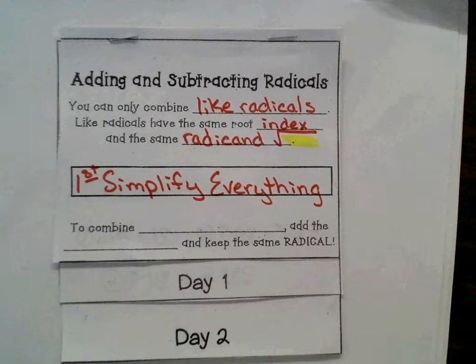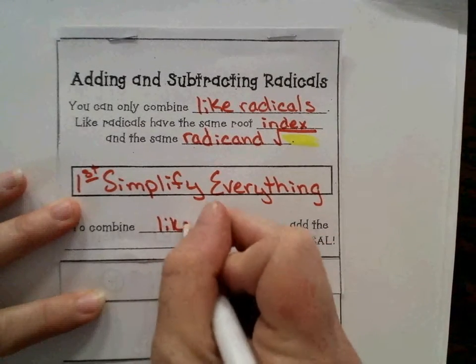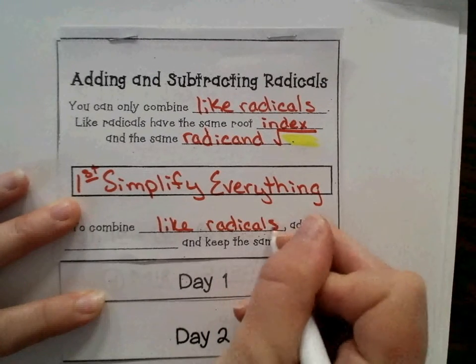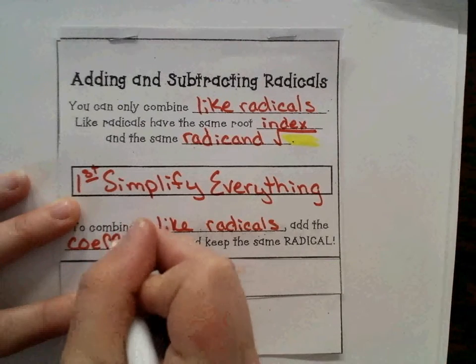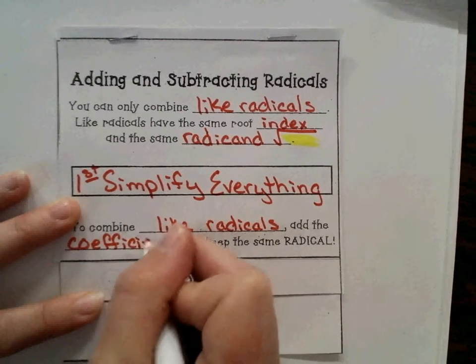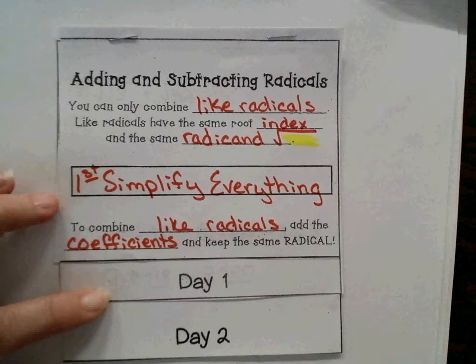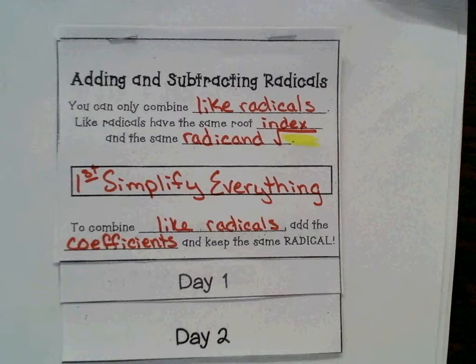So to combine like radicals, add the coefficient, which is just the number out front, and keep the same radical. What's underneath the radical will stay the same throughout once you have simplified.